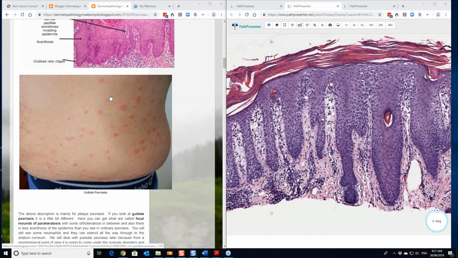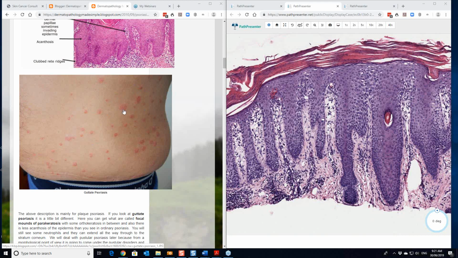And the M for mycosis fungoides doesn't present like this. S for solar damage, well, not in that area that's covered, but S can also stand for syphilis. And secondary syphilis is certainly a differential of guttate psoriasis as well. So you've got guttate psoriasis, pityriasis rosea, and perhaps secondary syphilis as your main differentials.